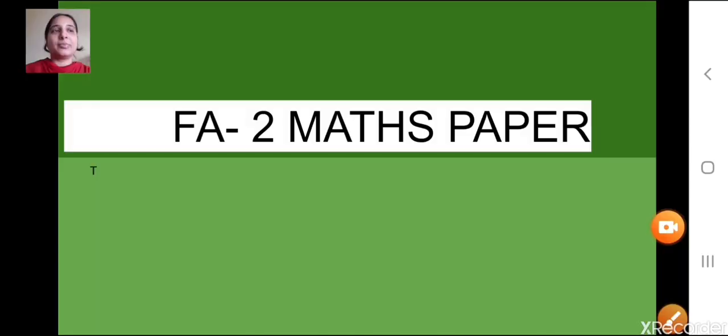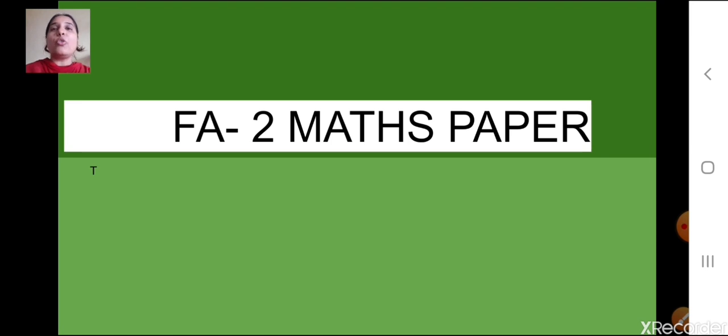Okay. So children, this is regarding your FA2 maths paper, how you are going to solve the question paper. So children, that will be completely objective type. You will be given options, and whatever question comes, you have to solve it in the rough, in your rough notebook or paper, and then after getting the answer, you have to just click on the correct option.